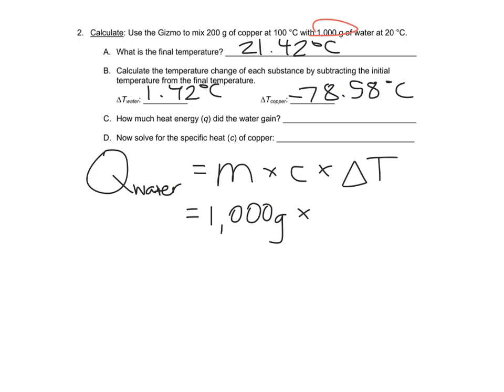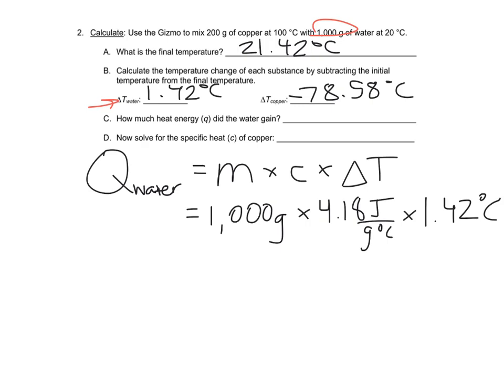Okay. Specific heat of water we've worked with before. It's always the same when we're working with water. 4.18 joules per gram degrees Celsius. Okay, and then our delta T, our change in temperature for water, remember, is 1.42 degrees Celsius.